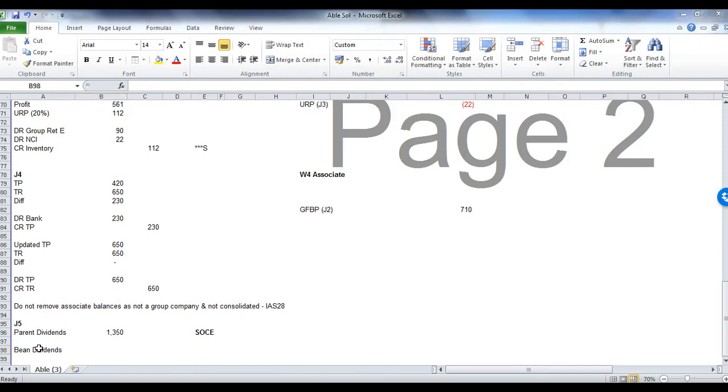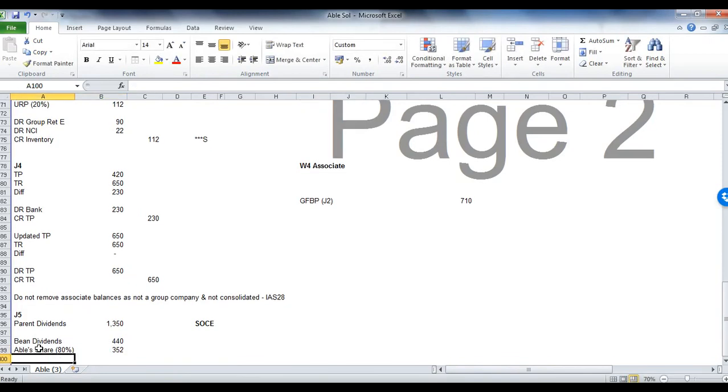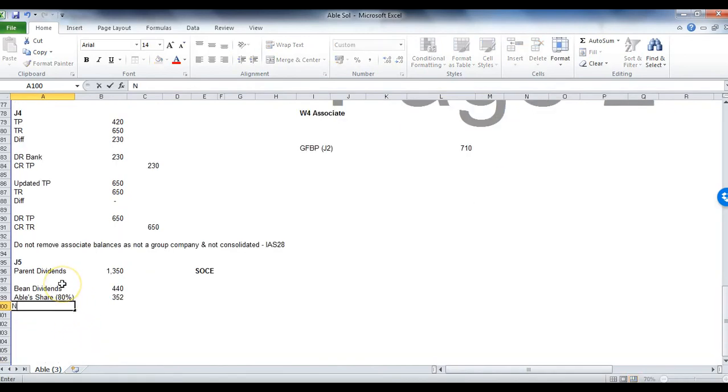Bean dividends were 440, of which Abel's share, which is 80%, would have been 352. That's important because Abel's share is 352 and the NCI share is 20%, which is the difference, 88.